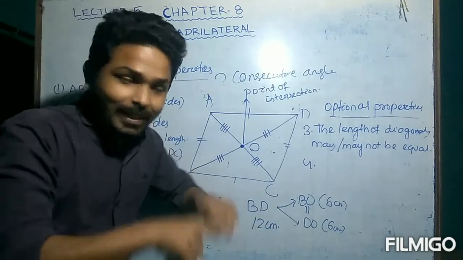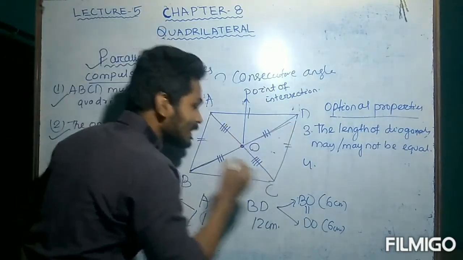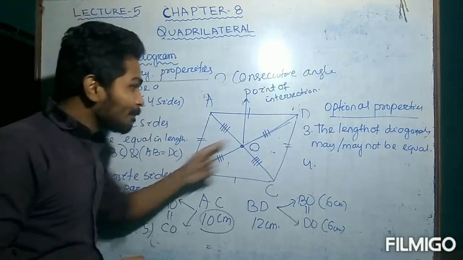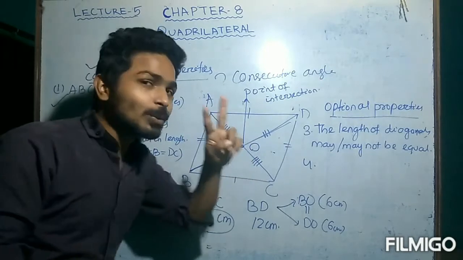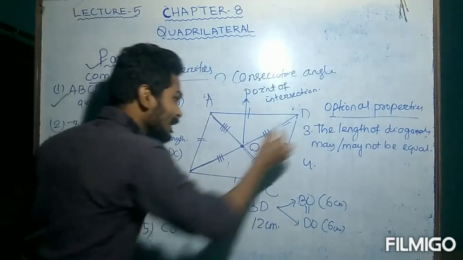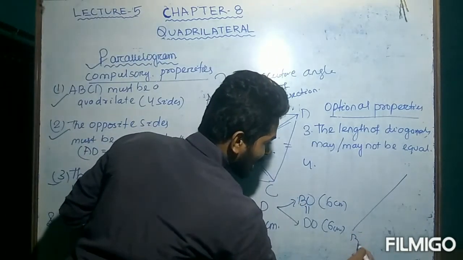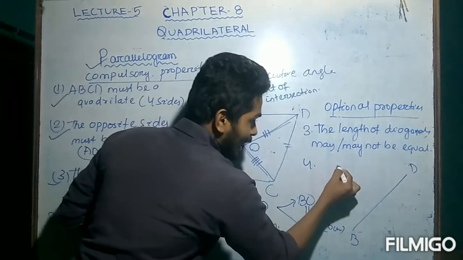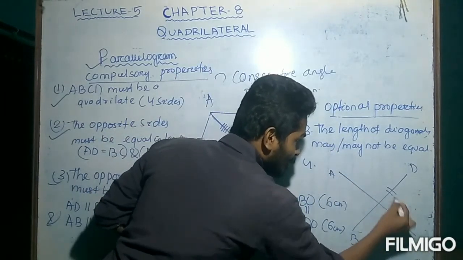They bisect each other. It means the diagonal BD bisects AC. It means BD divides AC into two equal halves. Similarly, AC divides BD into two equal halves. Like this, suppose this is BD, right? The other diagonal AC divides BD into two equal halves.